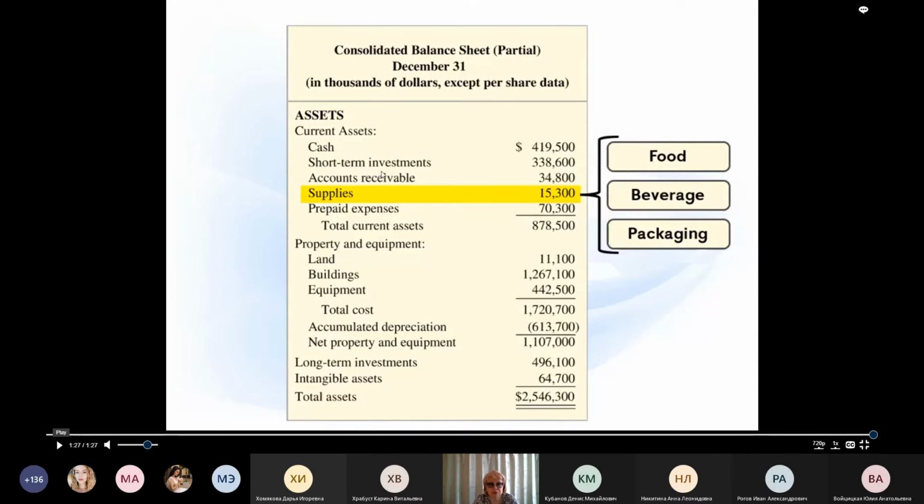But in order to prepare a balance sheet, we should sum up all ending balances of every account and put on the balance sheet only one aggregated amount of supplies without any further details. This is why we need supplementary notes in order to disclose information about some details, but not directly in the financial statement. So once again, all financial statements are aggregated information about the financial position and results of the company.